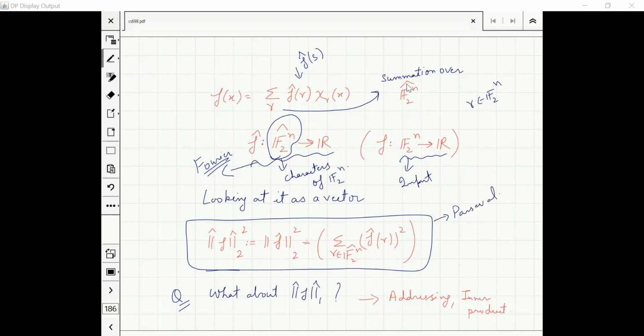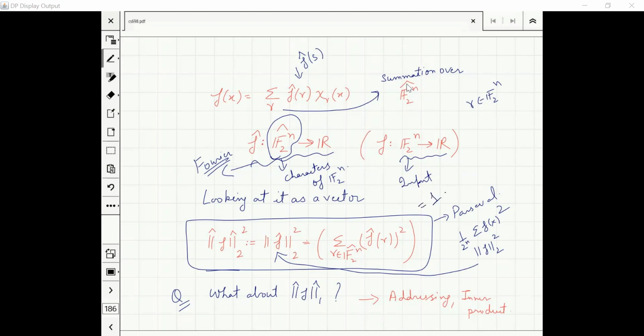This is just saying that 1 by 2 to the power n summation of f(x) whole square, this is the 2 norm squared of f, and this is the same as this. Parseval basically says this. Remember, S we have changed with gamma. And for a Boolean function, this will be equal to 1.